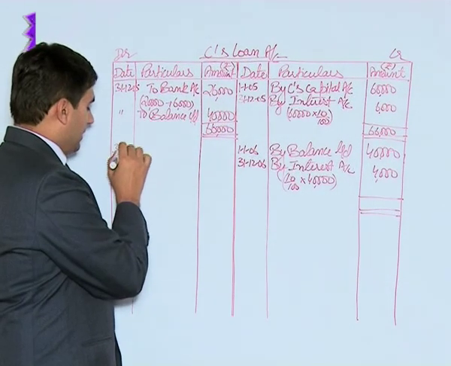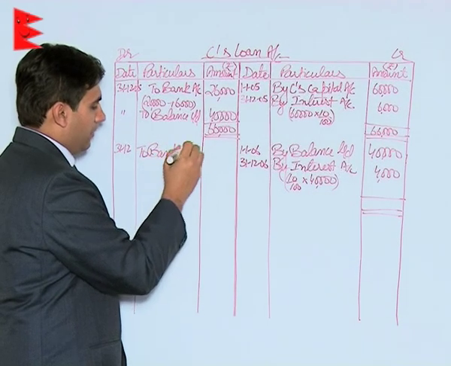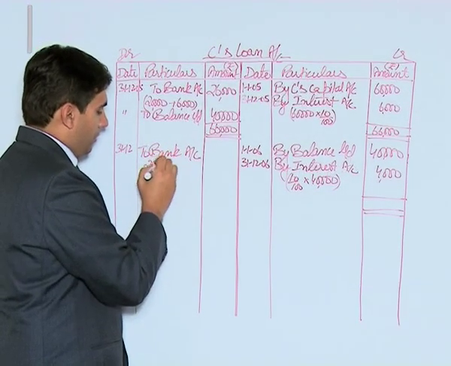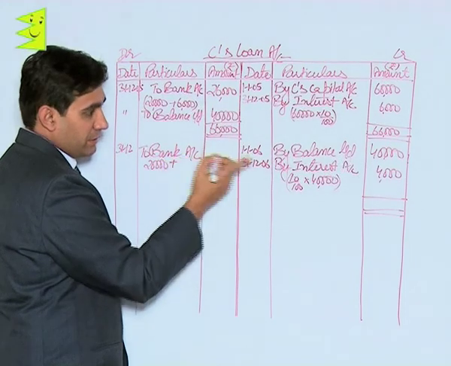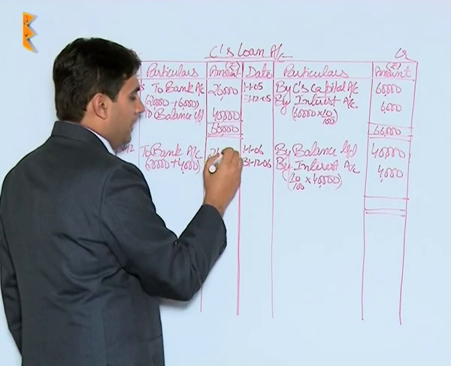On the same date, that is last date of this year, payment would be made to bank account 20,000 plus 4,000 as interest, 24,000.